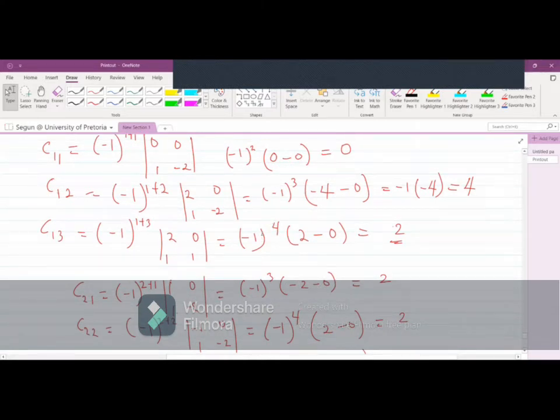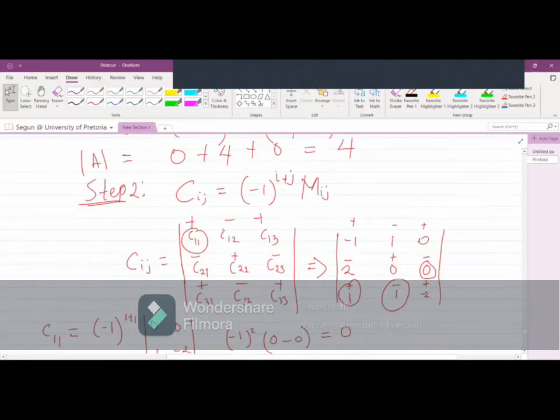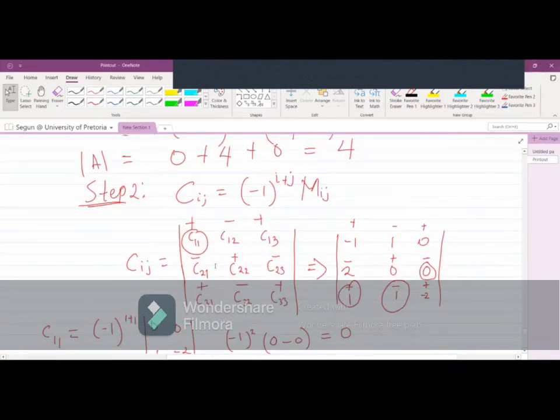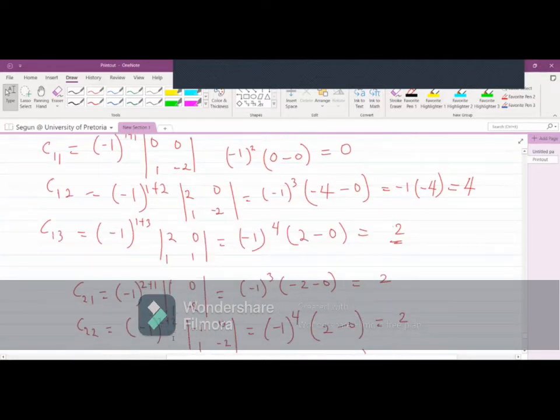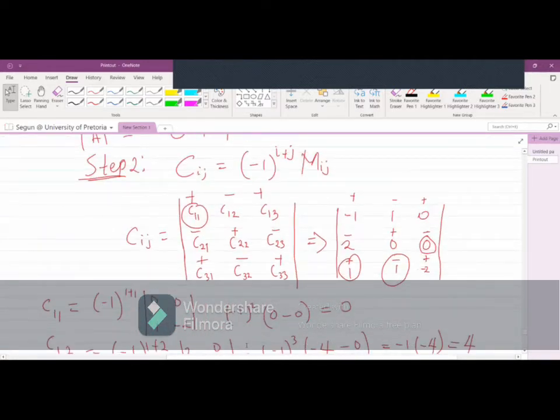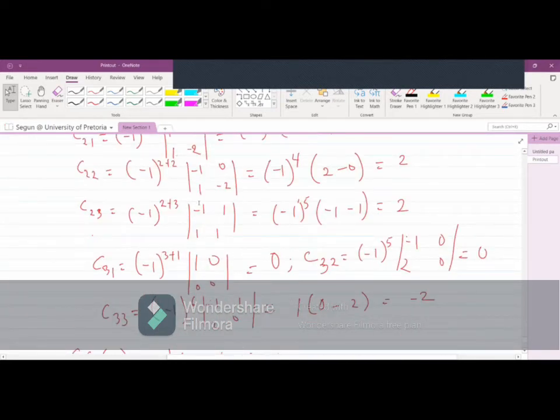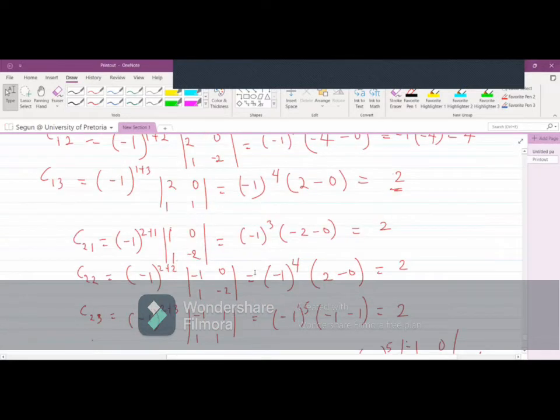Minus 1 raised to power row multiplied by column is what we've done inside here. So if I don't want to use the formula, I can use that sign alone. At the end of the day, when I cross multiply my matrix, I will multiply it with minus 1, positive 1, minus 1, positive 1.